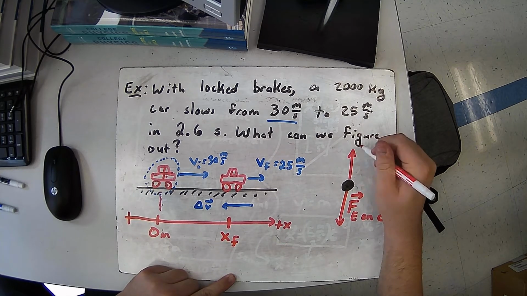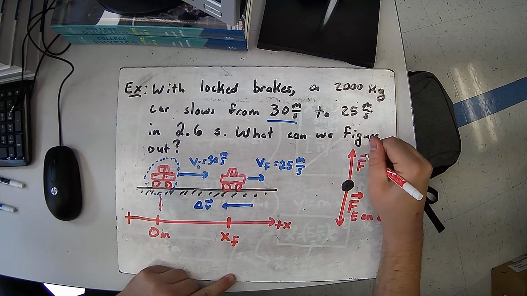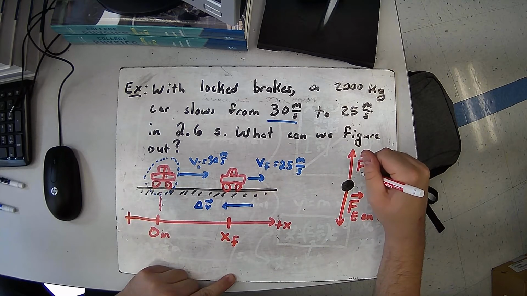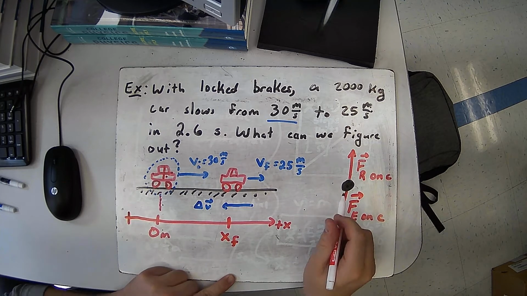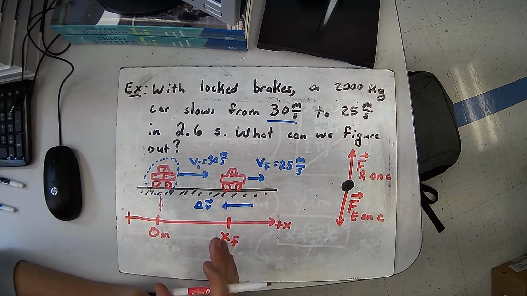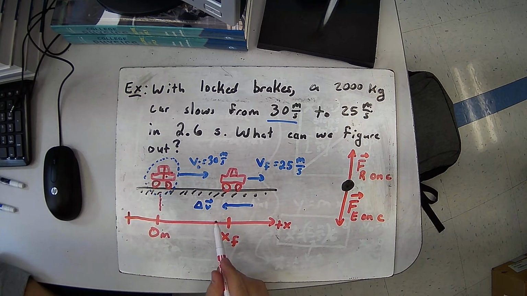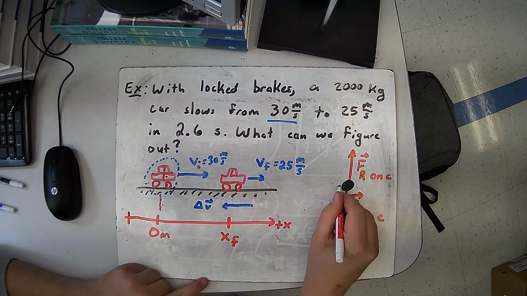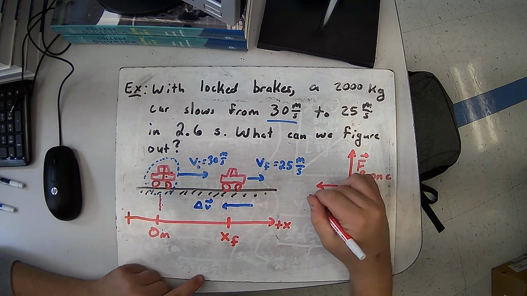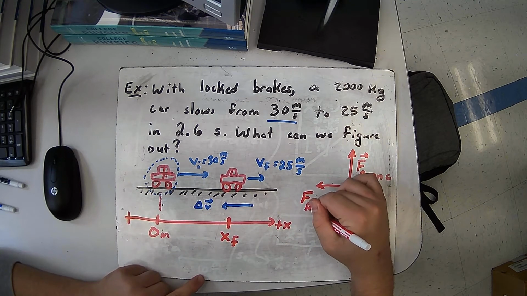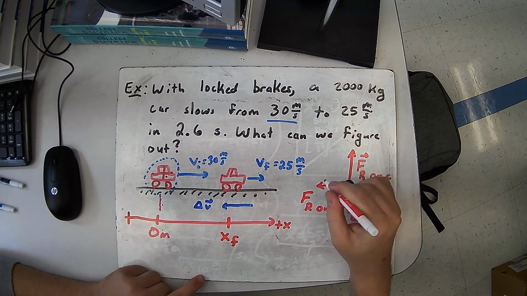There's the upward force that the road exerts on the car. And then there's something slowing it down. It's moving to the right, but it's getting slower, so the velocity changes to the left. That means we need a force slowing us down. What may that force be? Well, it's going to be friction, but we'll call it another force that the road exerts on the car.